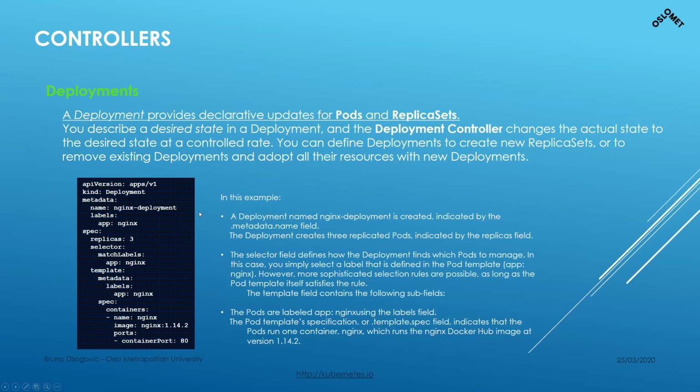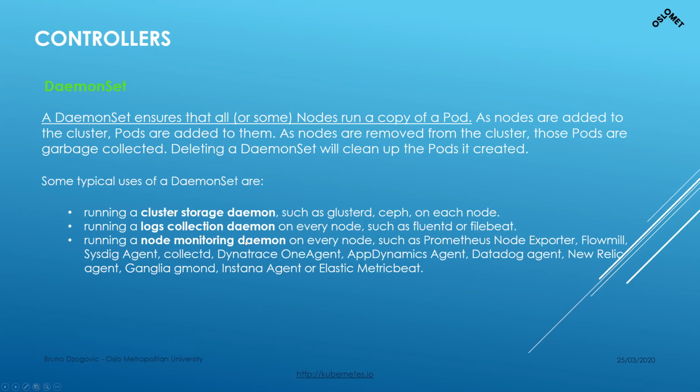So this is one example how you can do it, but it's just for the matter of explaining the deployment as a concept. Then you have something called daemon set. Daemon set is literally a set of daemons that runs on the nodes, and it's a small copy of a pod which is making sure that the nodes are running.